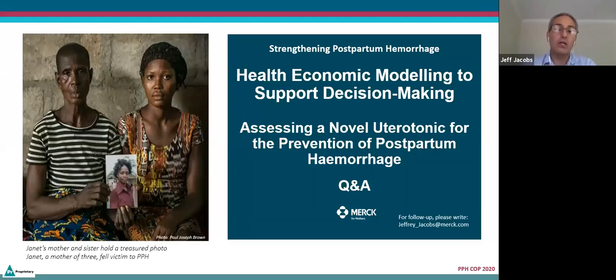This tool, we think, can actually help that as countries think about the packages of care that they are going to design and develop for their response as part of UHC around PPH. We think this model can help them consider what could potentially be included in those packages of care. Hopefully that helps address your question.